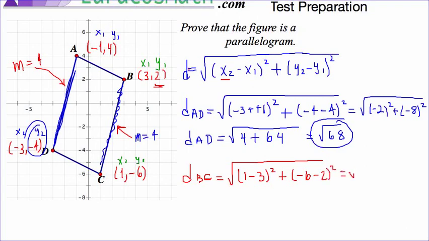So in my square root I'm gonna make -2 square plus -8, because this is -6 minus 2, this is -8, this goes square also.